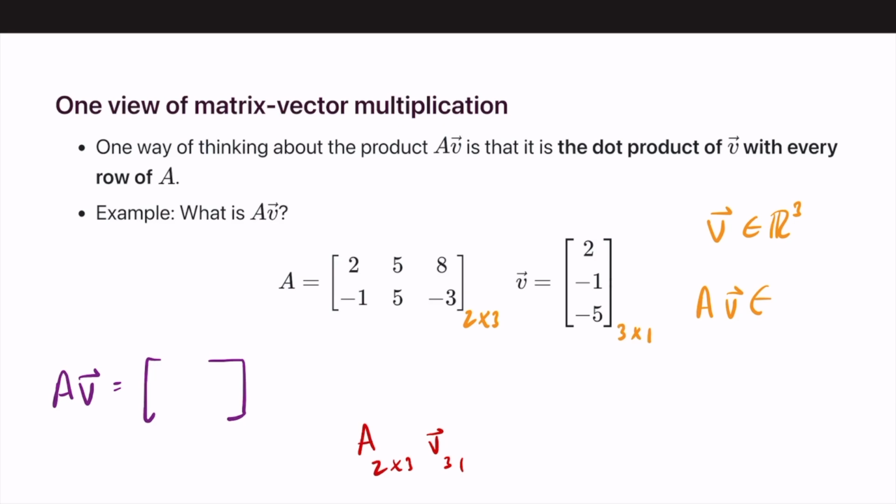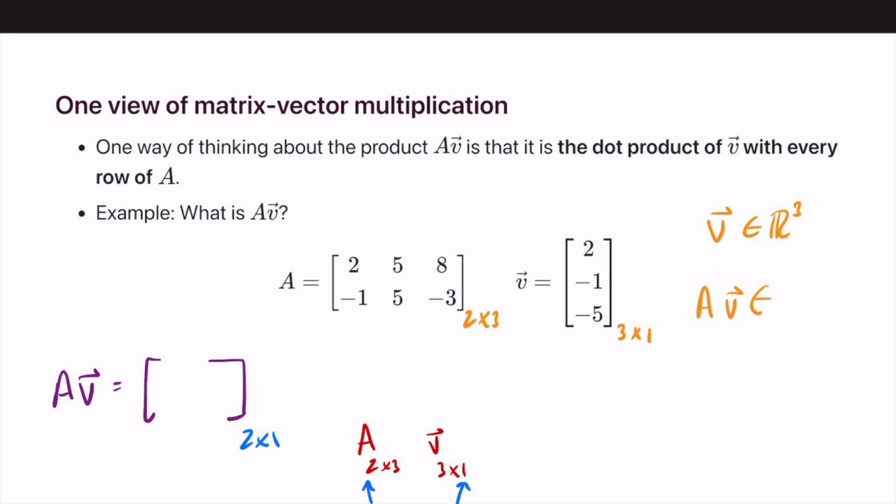So we just look at the exterior dimensions, 2 by 3, 3 by 1, which is going to be 2 and 1, and thus we know this will be a 2 by 1, 2 rows, 1 column.